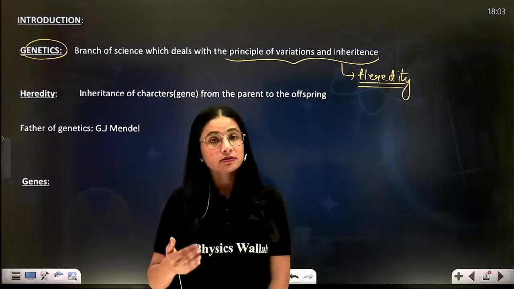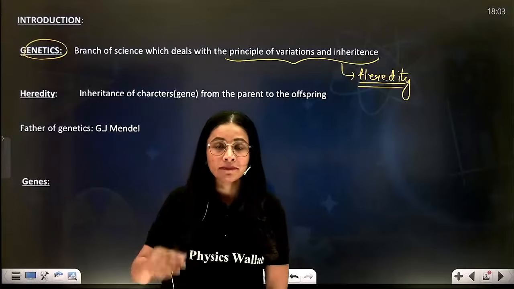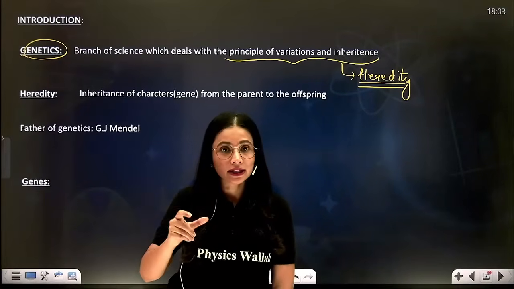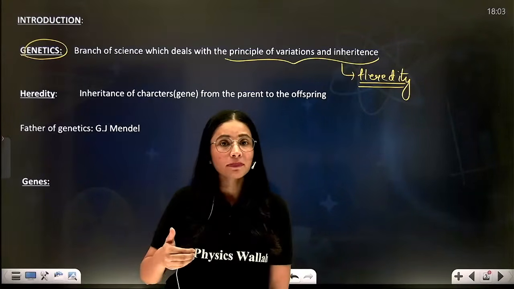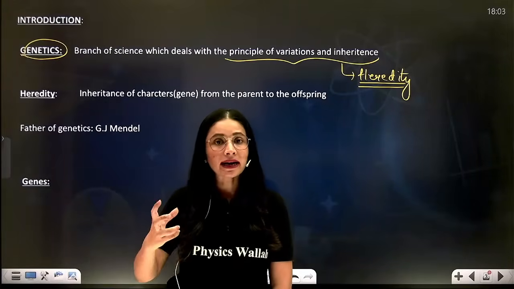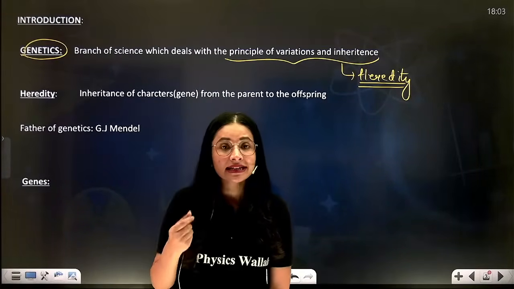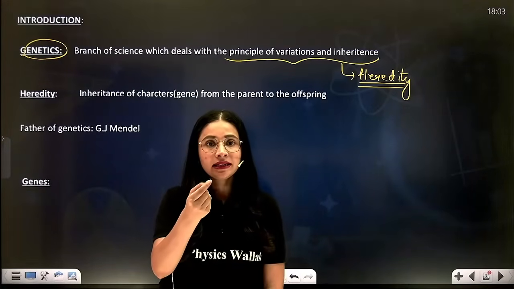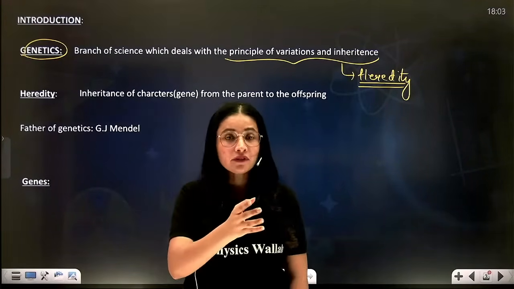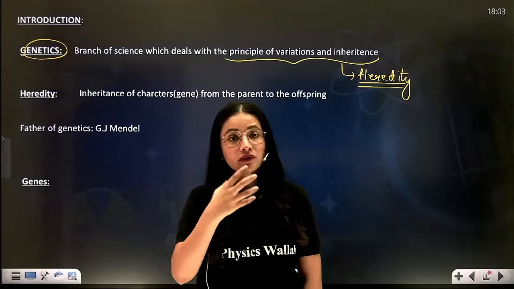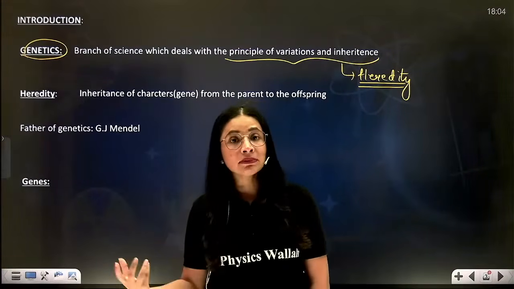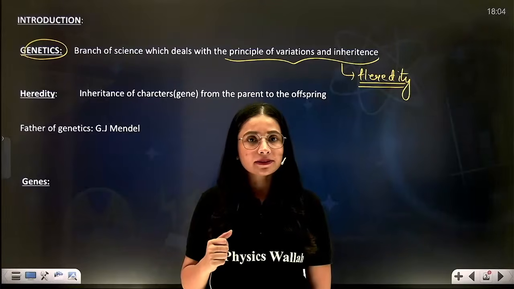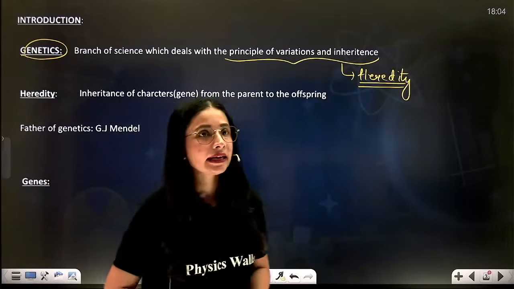Father donated sperm, mother donated egg. Those egg and sperm are carrying the chromosomes from the parents. Those chromosomes have genes, and genes are the heredity units. These genes are what is inherited from the parents, and because of the same genes we look similar to our parents. Correct? So how will you define heredity?